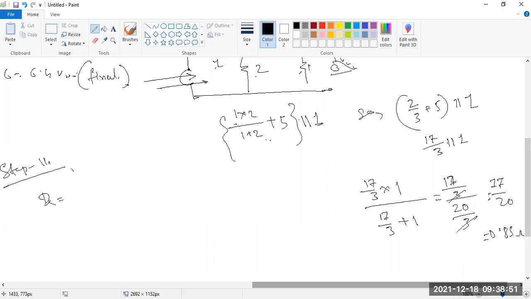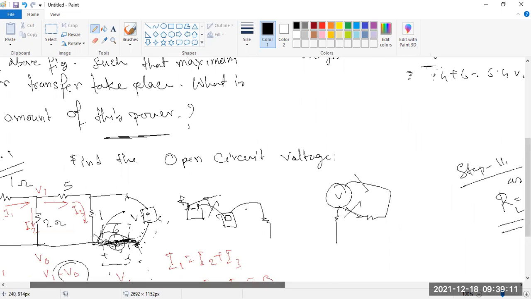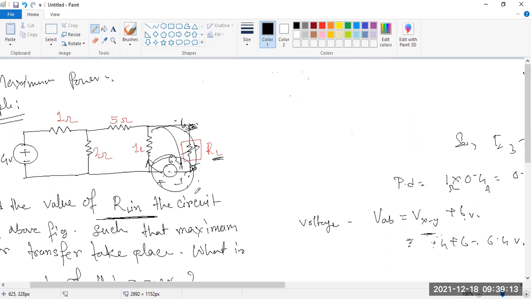As per the maximum power transfer theorem, R load should be the R Thevenin. So this load should be the Thevenin resistance. It will be 0.85 ohm. That is the first answer.